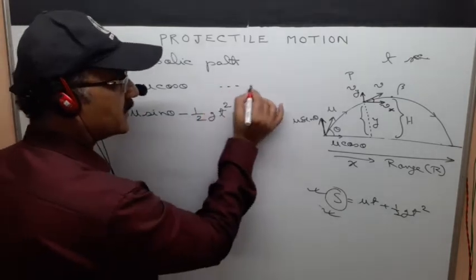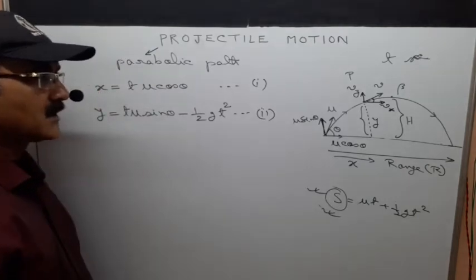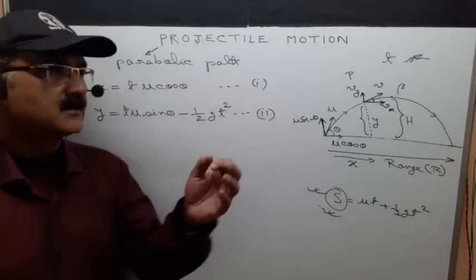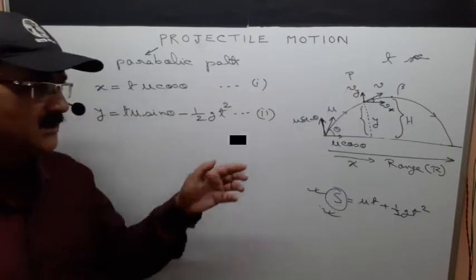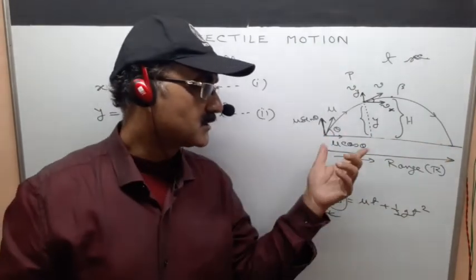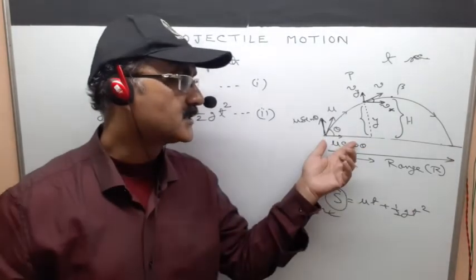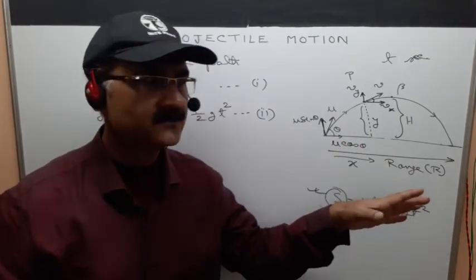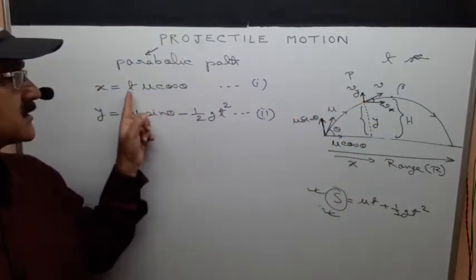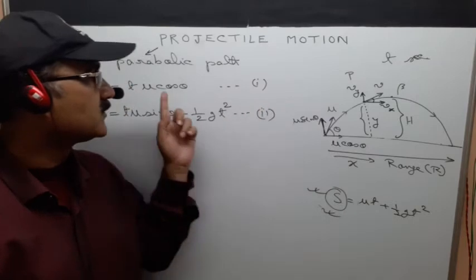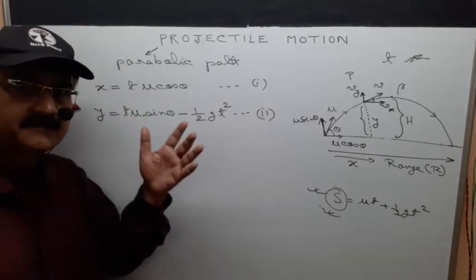If I call them equation 1 and equation 2, first concentrate on how we got these equations. Let me repeat. In the x direction, the velocity was constant. So simply velocity into time. Time is t seconds to reach this point. So t into velocity u cos theta. That is x. Simple.